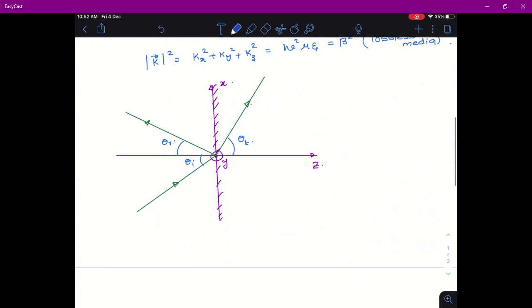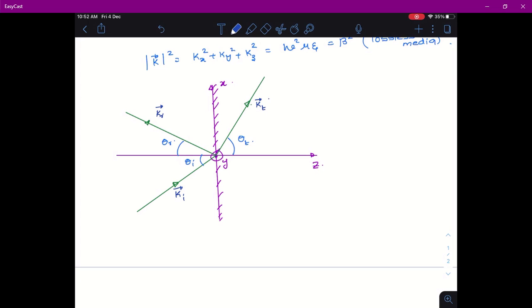So let us say the propagation vector for the incident wave is ki, the reflected wave is kr, and the transmitted wave is kt. If you remember, in our last lecture for normal incidence, we drew this boundary as a 2D figure, and we showed that it is actually an infinitely long boundary on which the wave is incident.